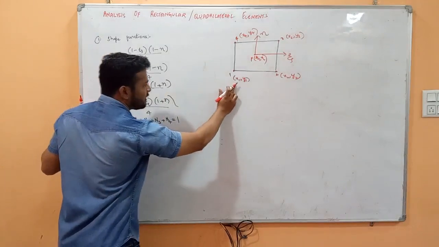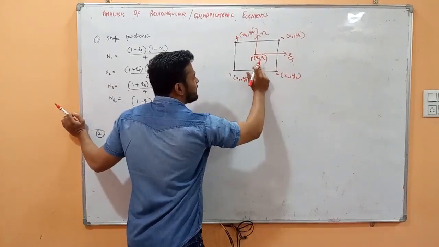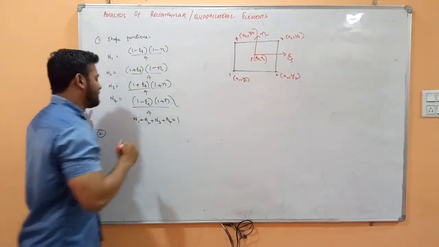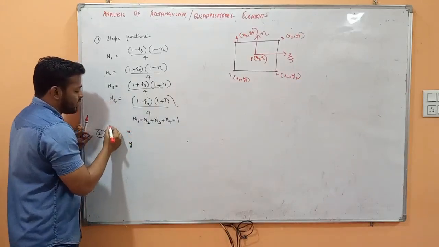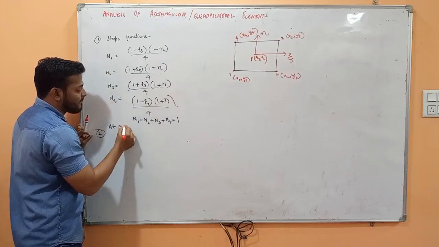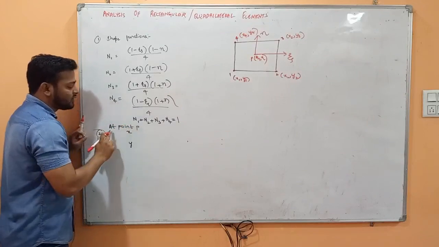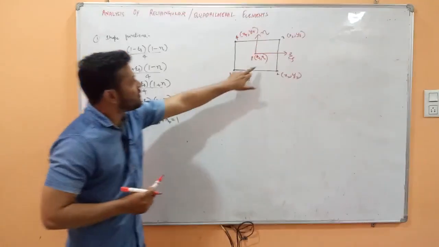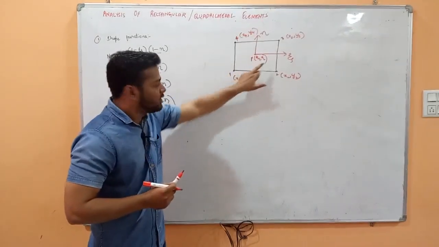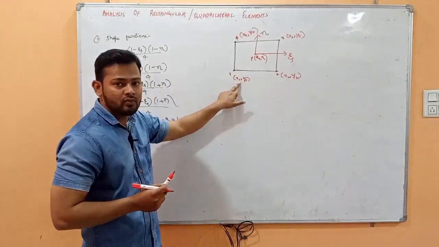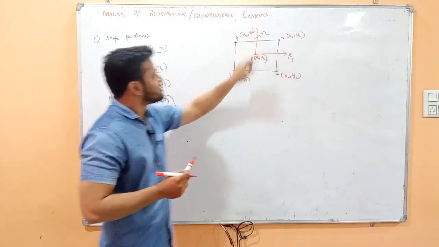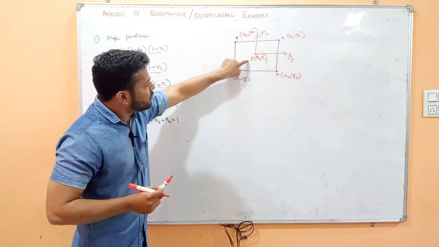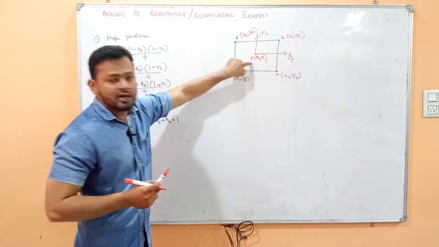For example, this point is in terms of x comma y. Can we find out this point in terms of x comma y? Yes. So at point P, we are going to determine this point P, which is in the form of xi and eta, in terms of x and y. Okay. So xi and eta will be given in the question, and these values will be given in the question. But at this point, what is this xi and eta in terms of x and y?